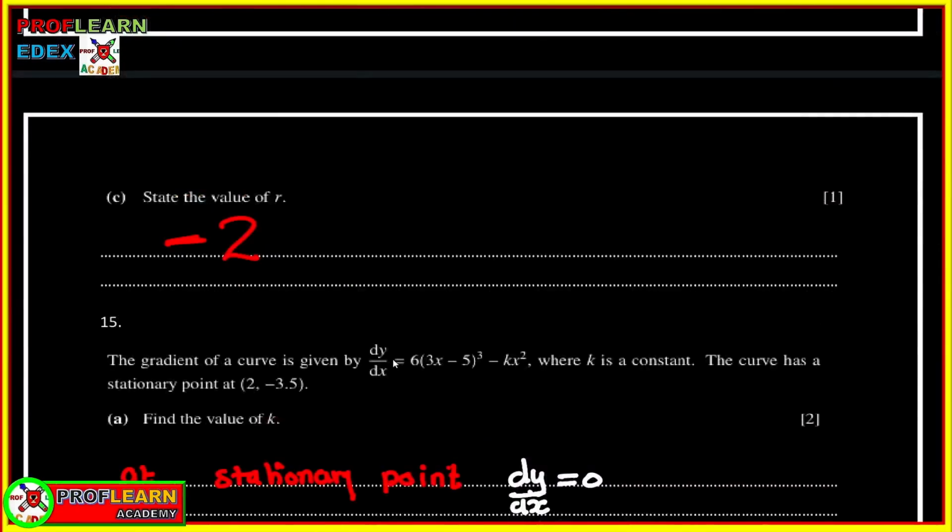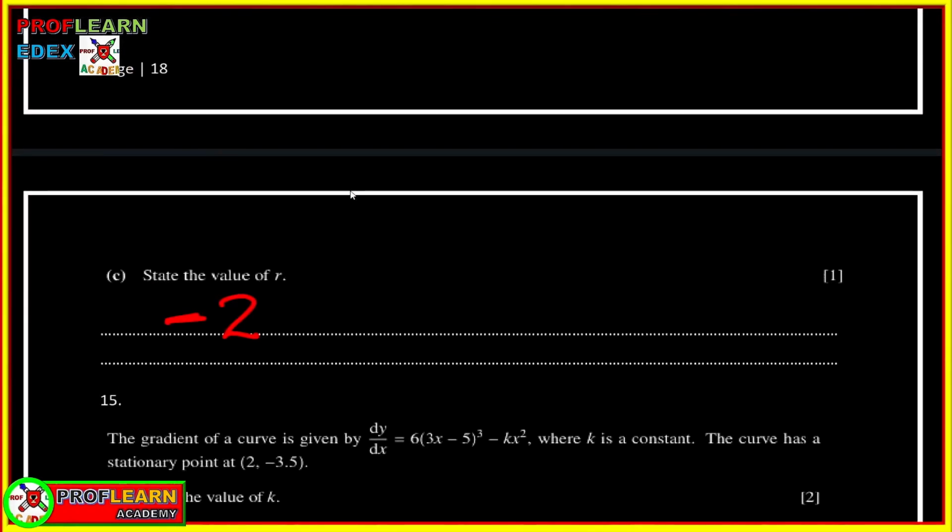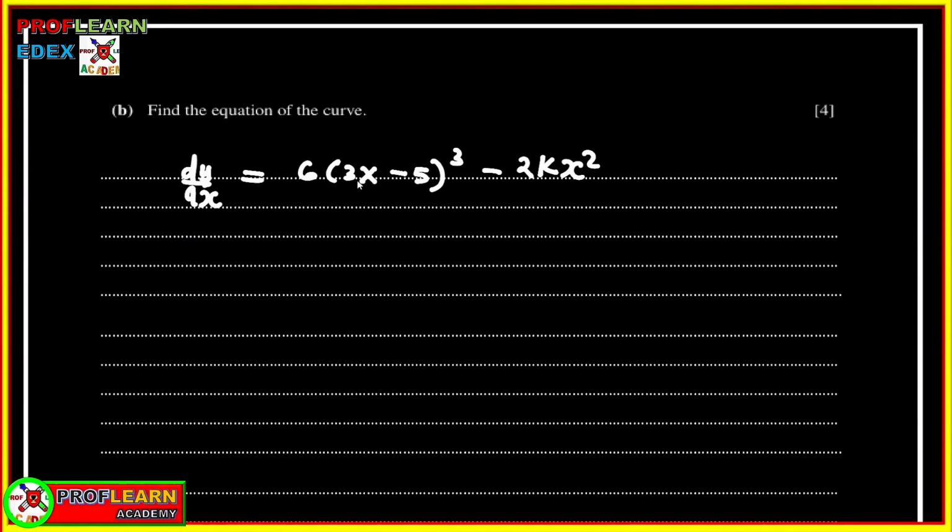To find the equation of the curve, you are going to integrate the gradient function that you are given. And the most important thing to do here is to know how to integrate this kind of expression, 6 into (3x minus 5) raised to power 3. And this is what we say we are using the chain rule. So the first thing, we are going to integrate every term.